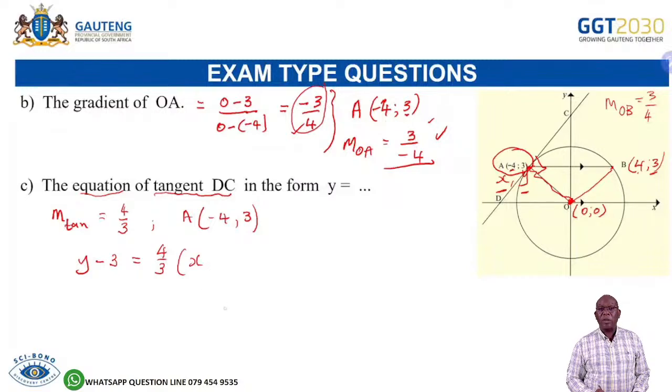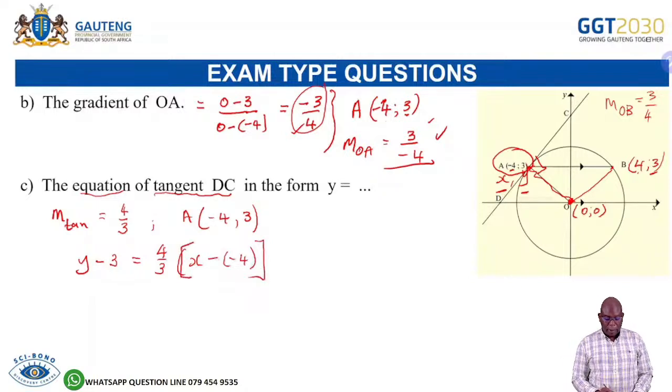The x value there must be negative 4. Okay, let me write square brackets here. Then I'll have y minus 3 equals 4 over 3 times x plus 4. This is a positive. That will be 16 over 3.